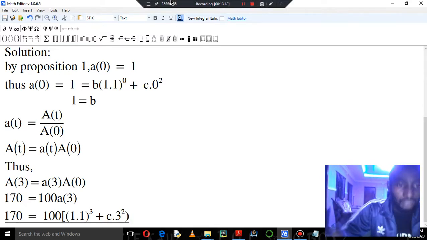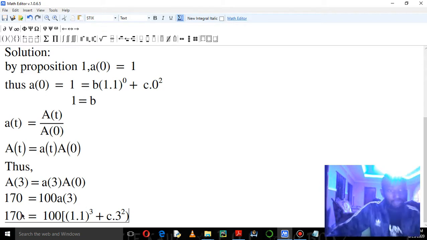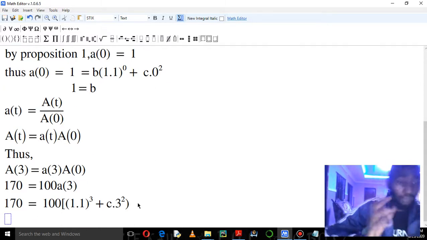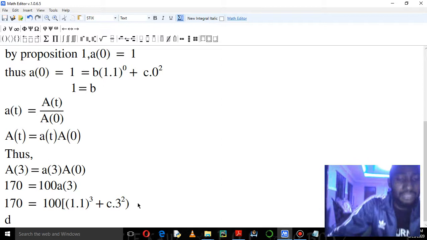Do you understand? So now with this we can solve for c. If you divide both sides by 100, you have 170 divided by 100 equals 1.1 raised to power. Okay, let me just solve it for the sake of clarity. So now divide both sides by 100. Let me just solve it.